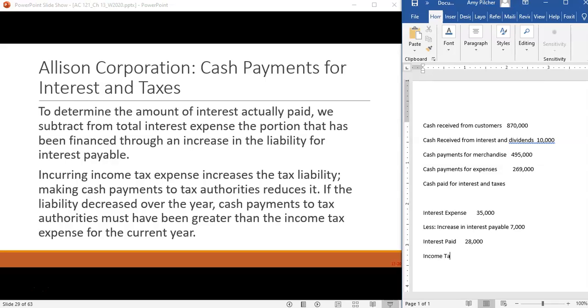Our income tax expense is $36,000. We're going to add a decrease in taxes payable account of $2,000, giving us taxes paid of $38,000. We add the $28,000 and $38,000 together to get $66,000.